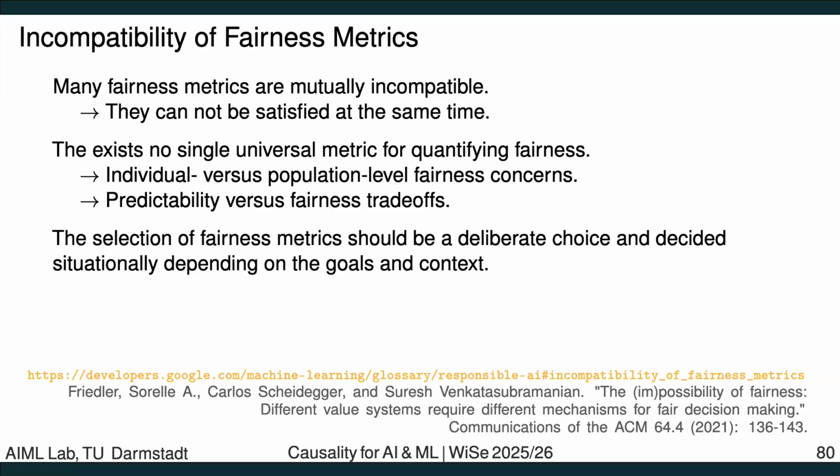So for every application, we don't just blindly plug in counterfactual fairness or equalized odds or whatever. Every time, we need to identify the relevant factors and the goals we want to achieve. Is performance important?